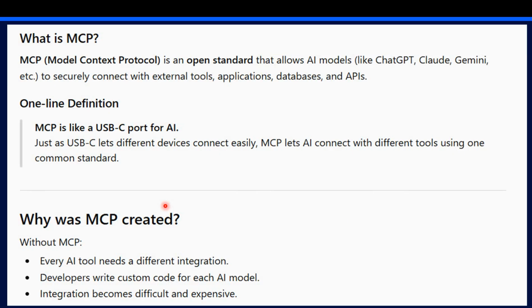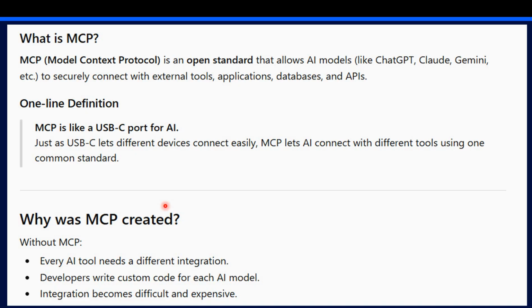So definition wise, it's very simple and straightforward. MCP or Model Context Protocol is an open standard that allows AI models like ChatGPT, Claude, Gemini to securely connect with external tools, applications, databases and APIs. So in simple terms, it is an open standard.